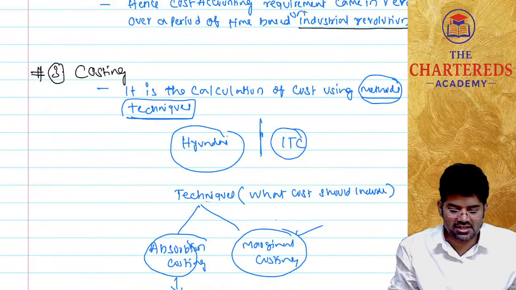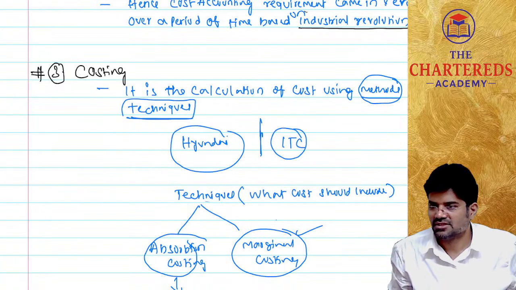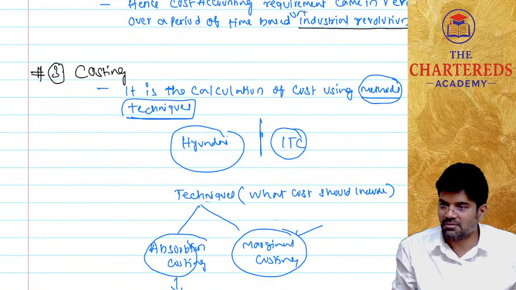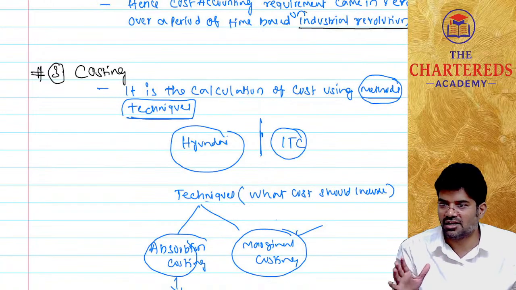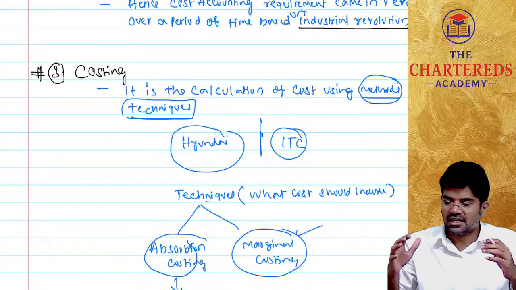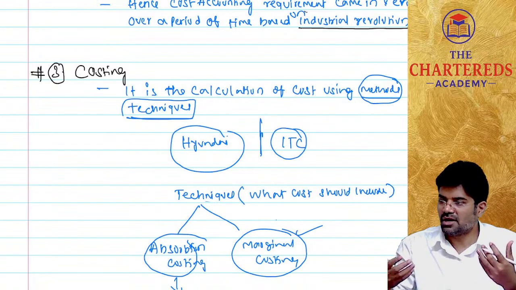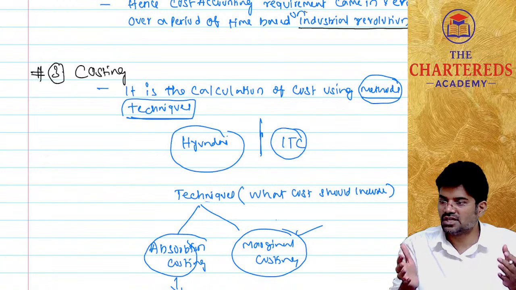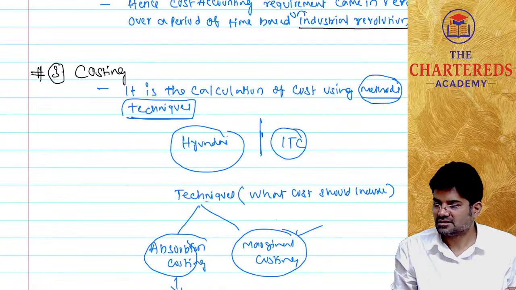So what is costing? Many people use a shortcut, costing, to refer to this subject. కాస్టింగ్ ట్రూ మీనింగ్ ఏంది? Costing is the ascertainment of cost, or calculation of cost, using methods and techniques.